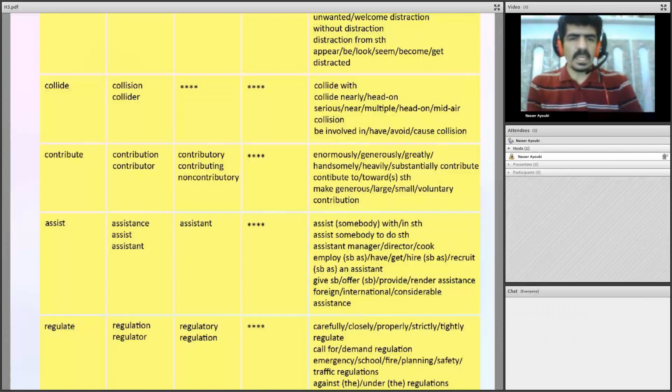The company publicly apologized and agreed to generously contribute some money to charity. Another one, contribute to. City employees cannot contribute to political campaigns.